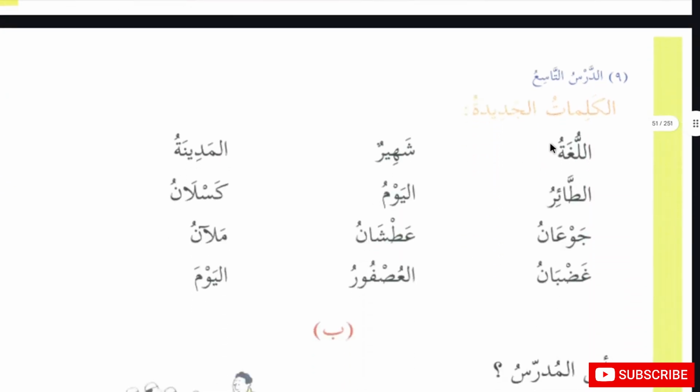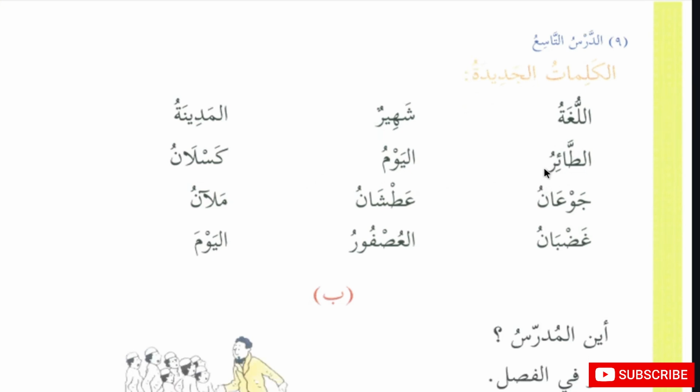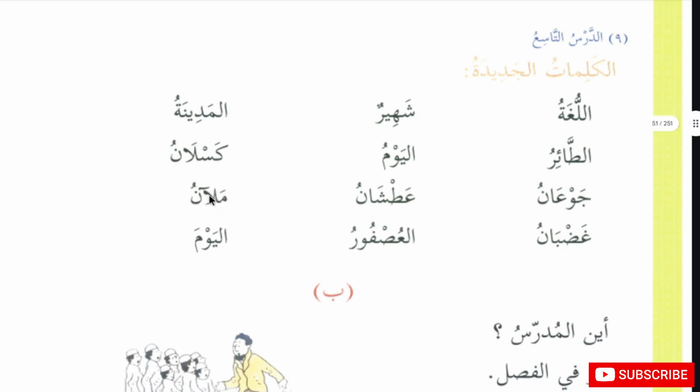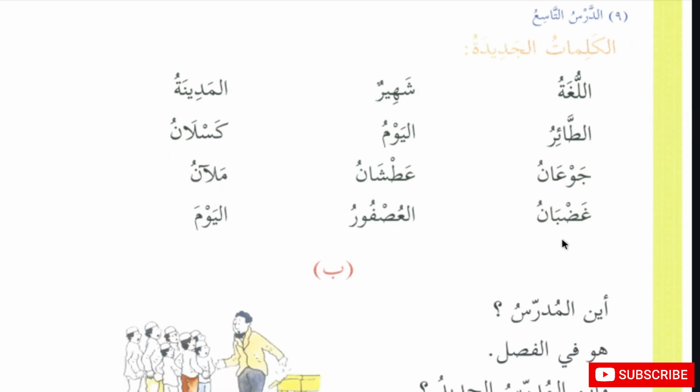So here is some new vocabulary. اللغة, language. شهير, famous. المدينة, city. الطائر, a bird. The word الطائرة with a تاء مربوطة can also refer to an airplane. اليوم, the day or a day. كسلان, lazy. جوعان, hungry. عطشان, thirsty. ملآن, filled. غضبان, angry. العصفور, a sparrow. اليوم with the fatha means today, as a time adverb.